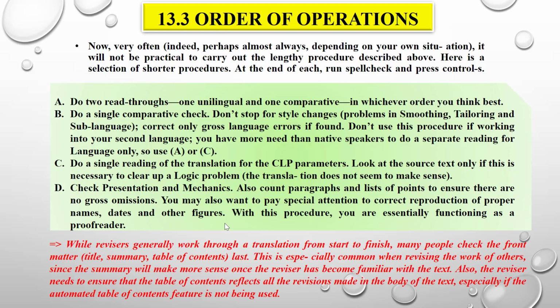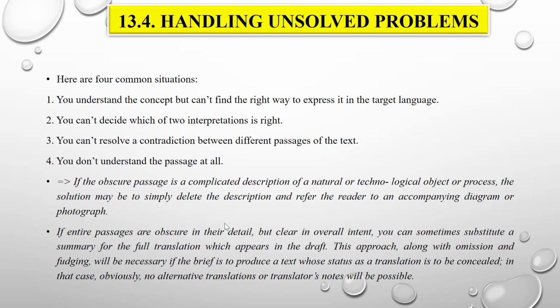Also, the reviser needs to ensure that the table of contents reflects all the revisions made in the body of the text, especially if the automated table of contents feature is not being used. So that's enough for section 3.